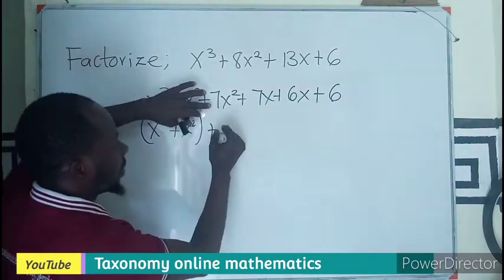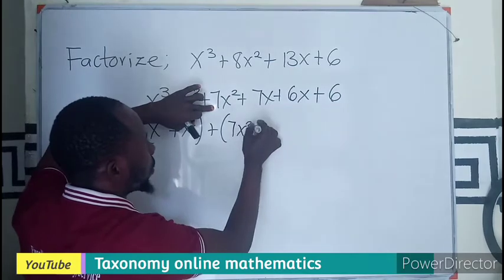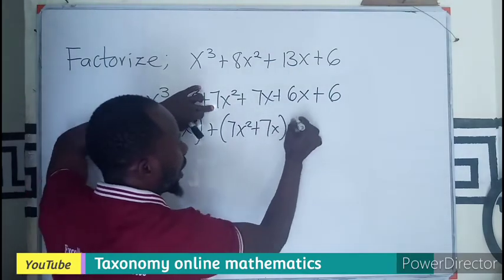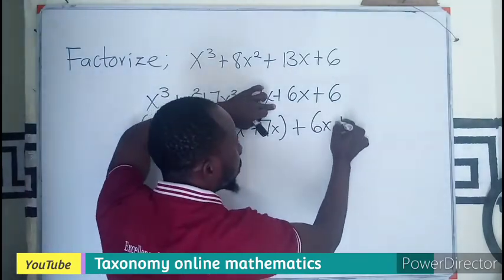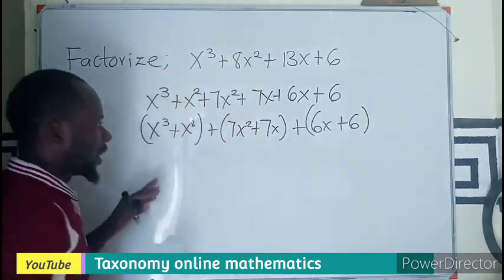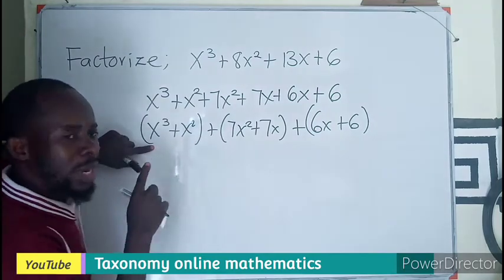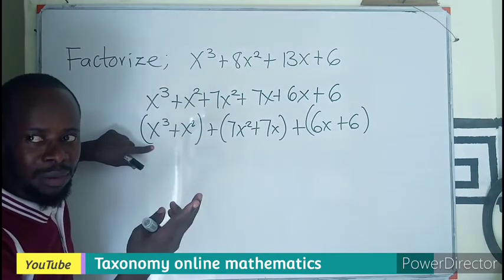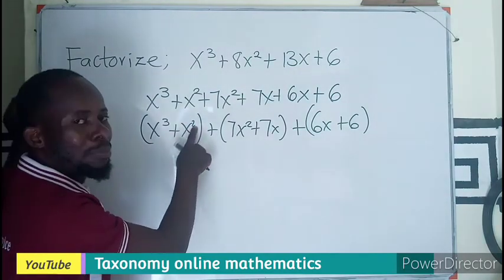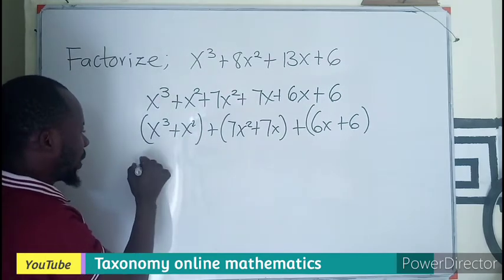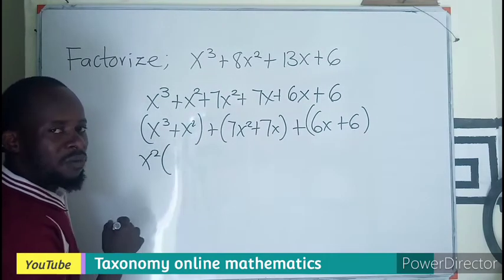in one bracket, and the next two in another bracket, and the last two in another bracket. So in each of the brackets we can easily get a common factor. When you are looking for a factor of a variable, you look out for the one with the lowest power. The power is 2, so the x squared will be our common factor.